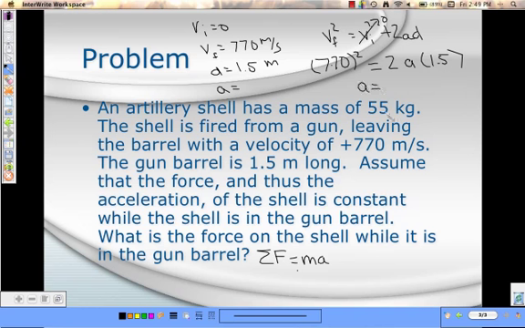So what do we get for acceleration? Well, if you think about shooting something out of a gun, we should have really high acceleration, shouldn't we? So I'd say we should get something high. What do you get?